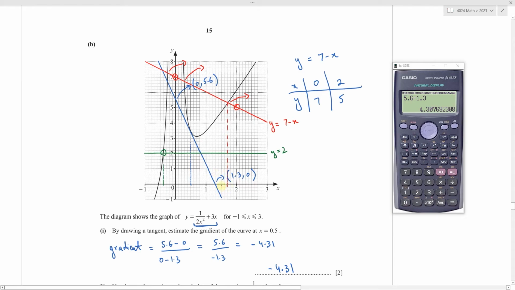So this is 1.5, 1.6, 1.7, and then this is almost 0.3.